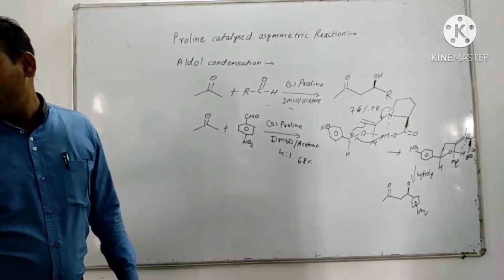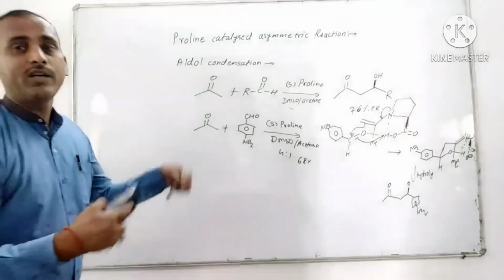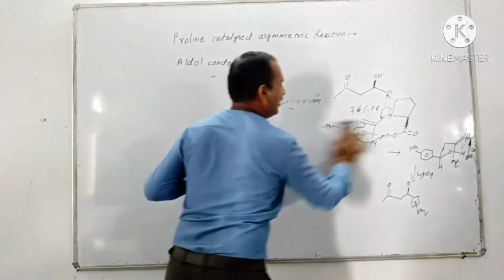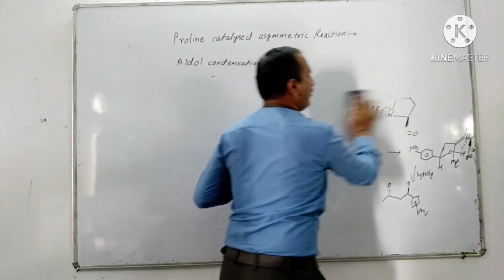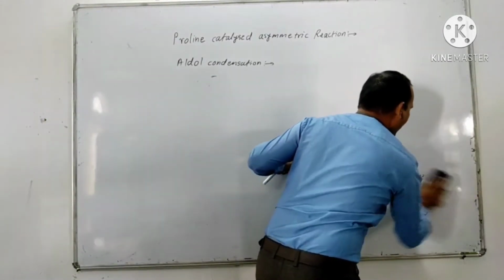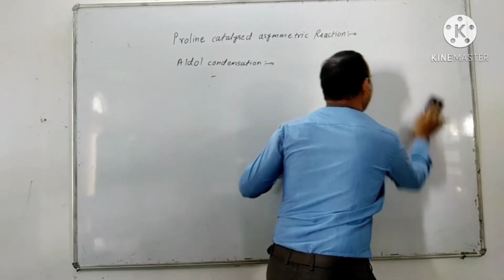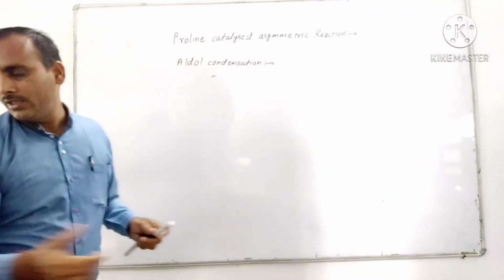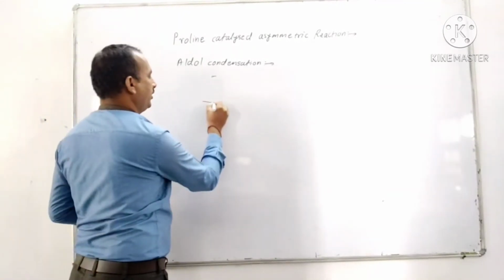Okay, so let's see one more example: an intramolecular aldol condensation reaction using proline as a catalyst, and a stereoselective product is also obtained. Let's see the example.